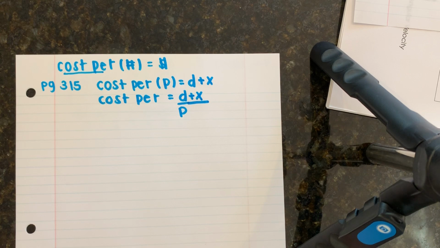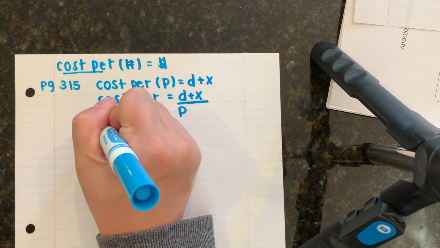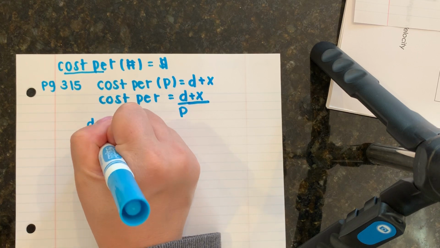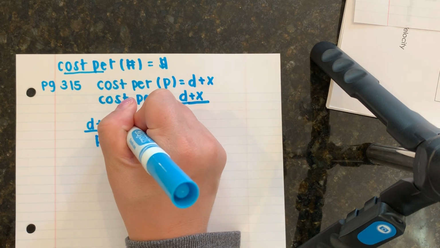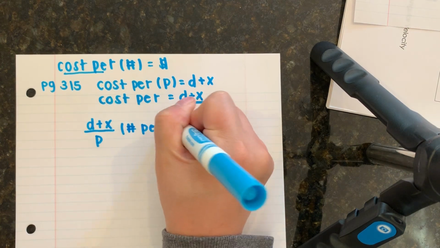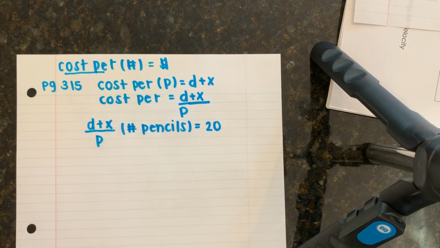Now it says, how many pencils could Peter have purchased for $20? So I have my cost per at D plus X over P. I'm solving for the number of pencils, and I know it's going to cost $20, or that's how much I have.